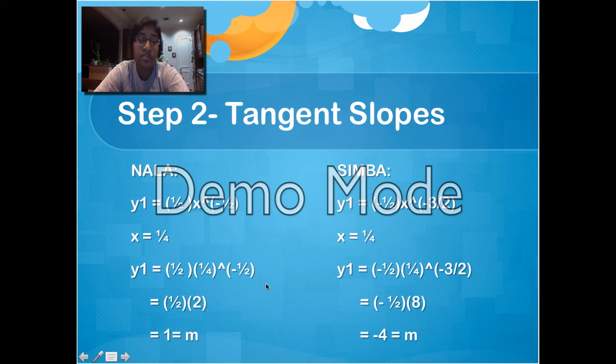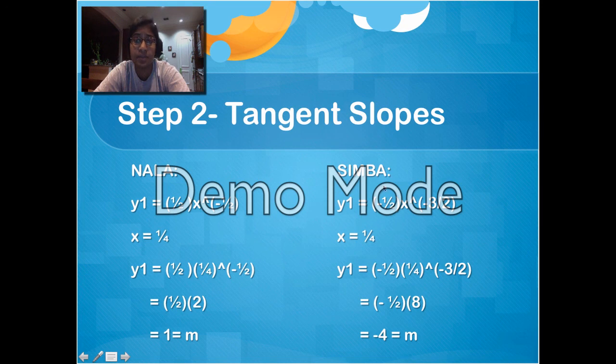To find the slope of the tangent line, we have to plug this x value into the derivative of the original path. For Nala, we're going to take y prime equals 1/2 x to the negative 1/2 and plug in 1/4 as x. Once we solve this, we get y prime equals 1, and that is going to be the slope of the tangent line.